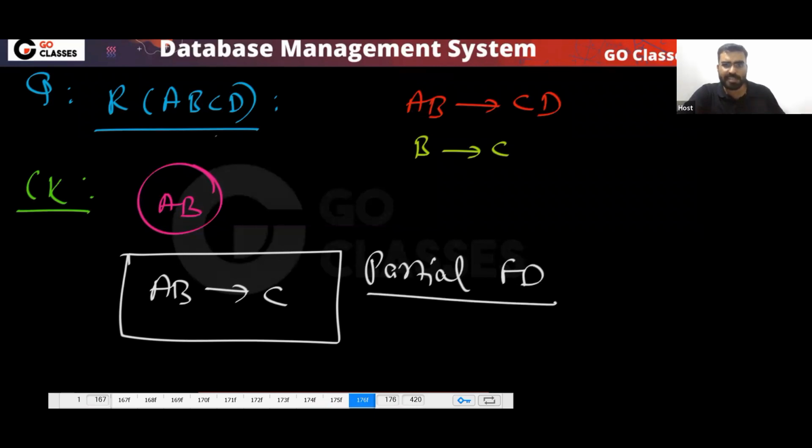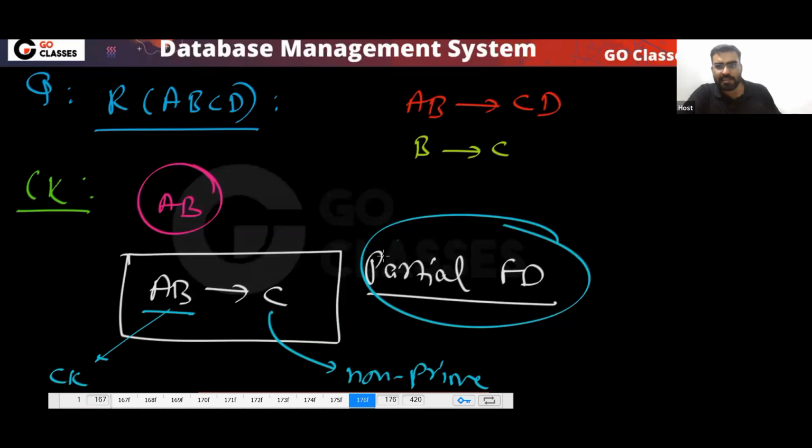This is partial FD. This is your candidate key and this is your non-prime attribute.